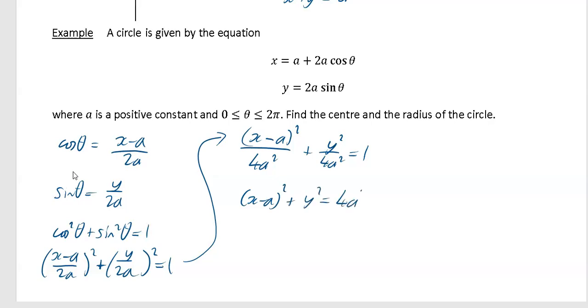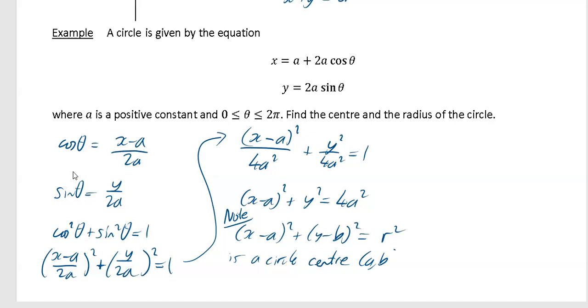Now, you may have forgotten, but note, in case you've forgotten, this is from last year: x minus a all squared plus y minus b all squared equals r squared is a circle with center a, b and radius equal to r.